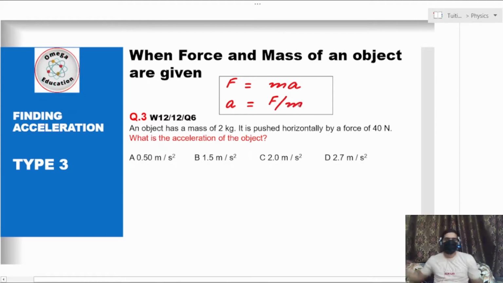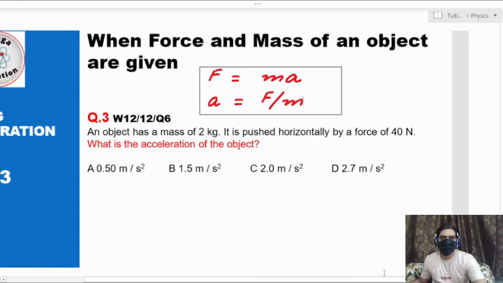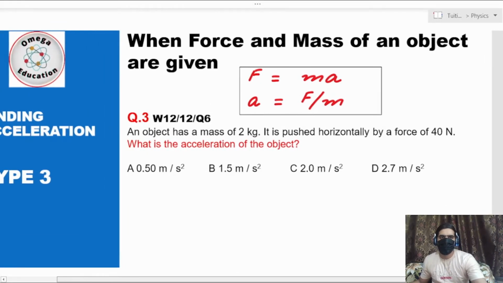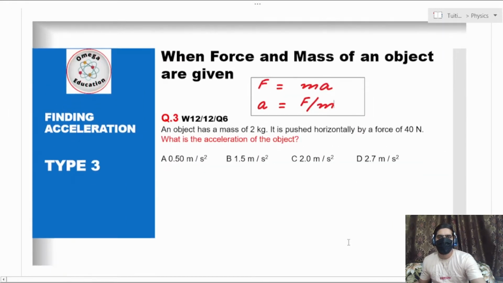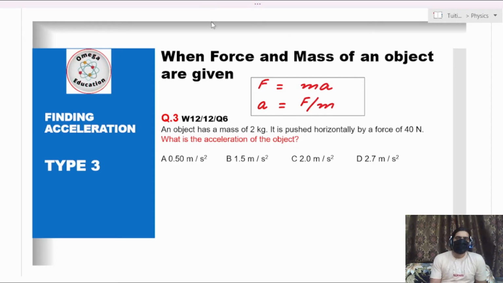Then we have a sample question, which you can see on your screen. The mass of an object is given, so they have given you the value of m, 2 kilograms, and they have stated the value of force F, 40 Newton.